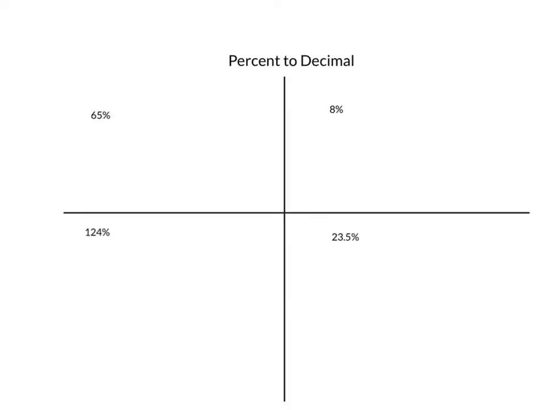Okay, now let's go from a percent to a decimal. So if from decimal to percent, we multiplied by 100, this time we are going to divide by 100 to get it out of percent form. And guess what? Dividing by 100 moves our decimal twice to the left.